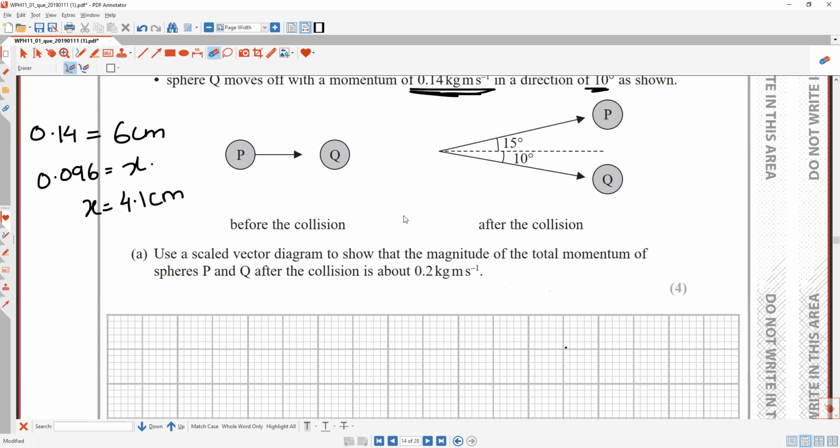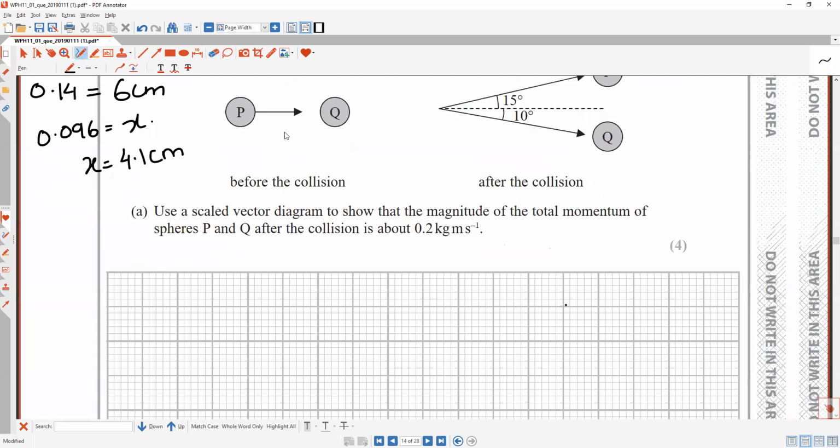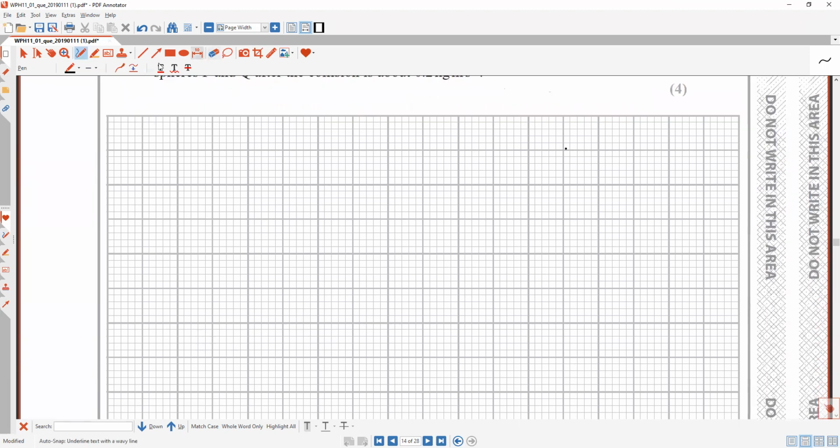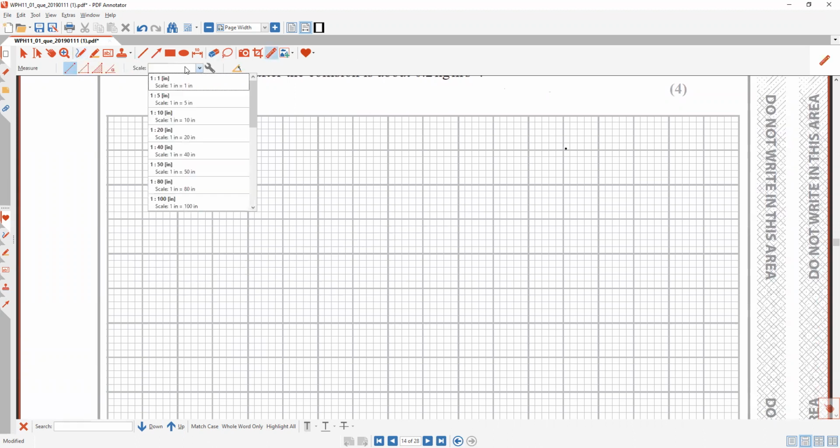Okay, so how will I draw now? I'll take this up first. If I draw a line, 15 degrees from here, but it is giving me in inches.